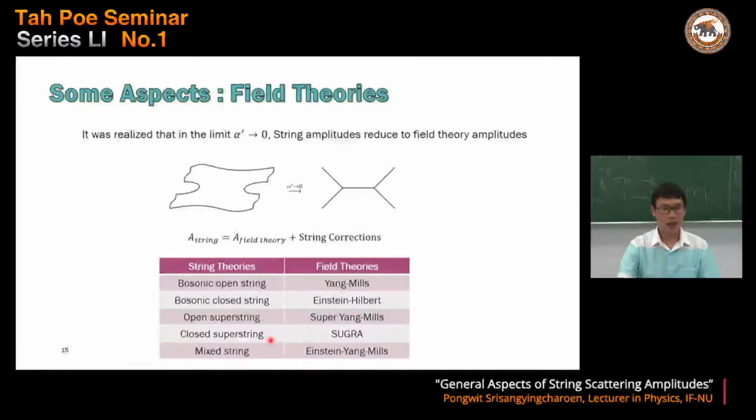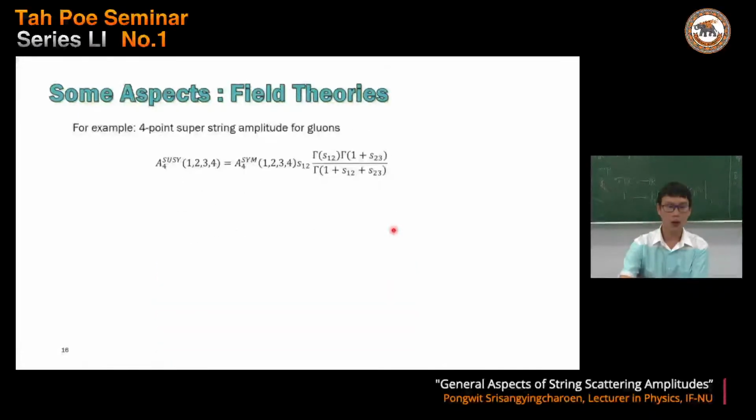As I said, this appears as the limit of alpha prime going to 0, but string theory suggests that there is a string correction part which depends on the order of alpha prime. Let me give you an example with the 4-point superstring amplitude for gluons.